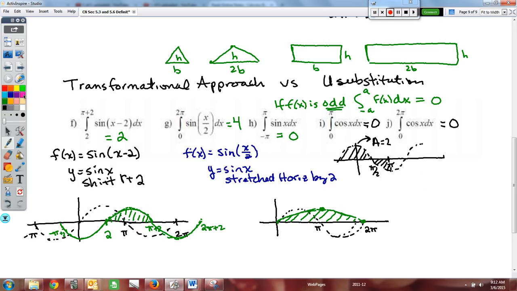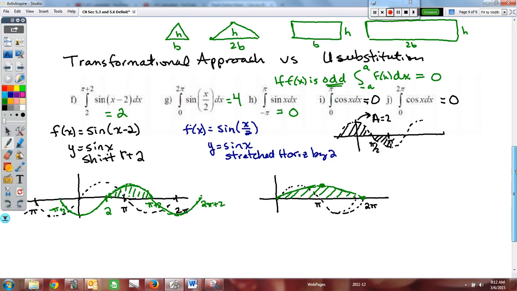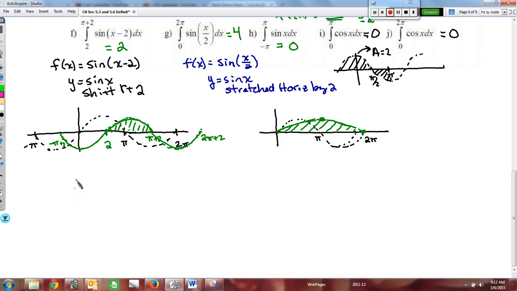All right, but now let's think about this a different way. It's kind of previewing what's going to be coming in another section. Right here, I know that the integral from 0 to pi of sine of x dx is equal to 2. That's what I know. One of the things that we can do is basically do a u substitution.